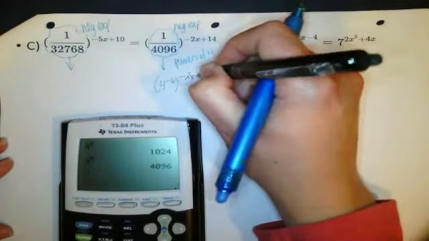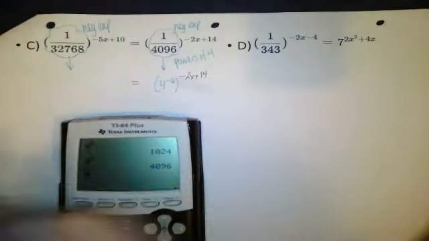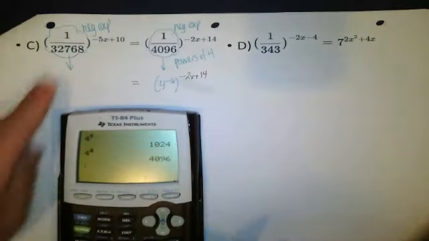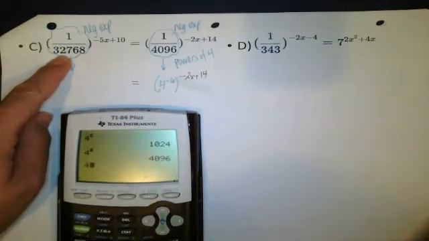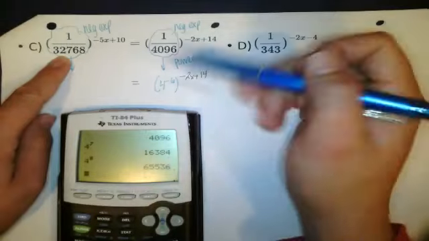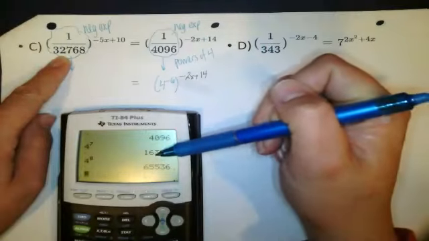And again, I'm not changing my exponent yet, negative 2x plus 14. All right, and so now we need to figure out how to get 32,768. So again, I don't have all of these memorized. So 4 to the 8th. Oh, interesting. I'm too big now.